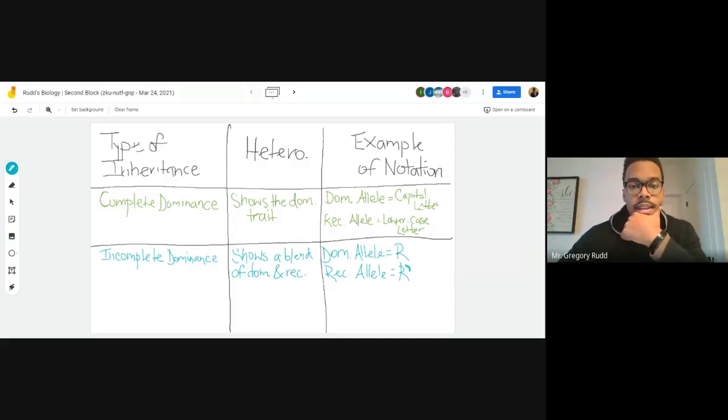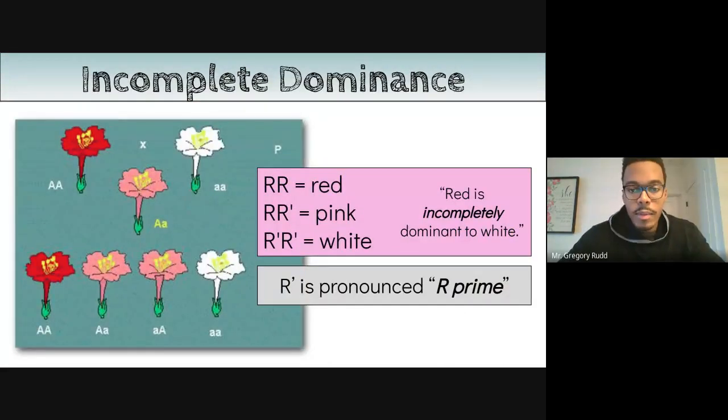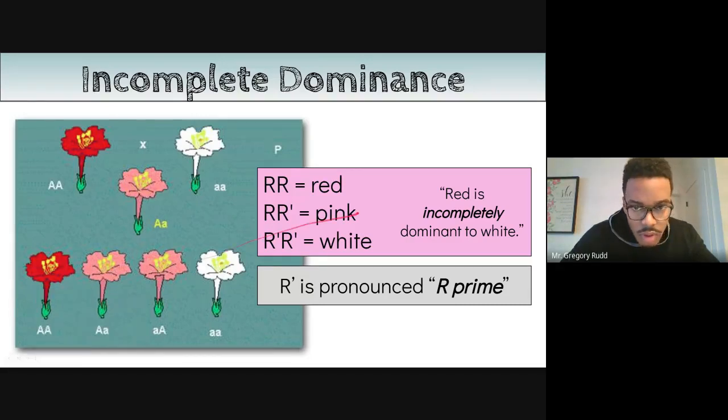Okay, let's come back to the slides. So here's another look at incomplete dominance. Here, let's say that we said that in flower colors, red is incompletely dominant to white. There are your three genotypes right there. We've got the homozygous dominant genotype, two capital R's, that results in a red phenotype.